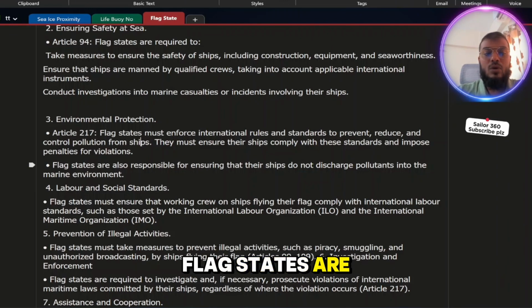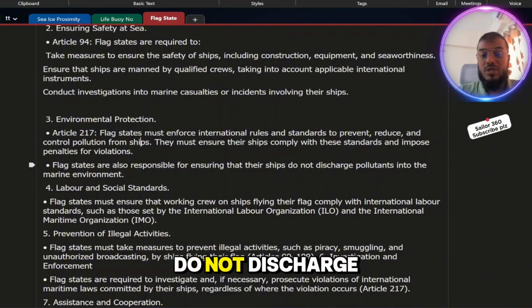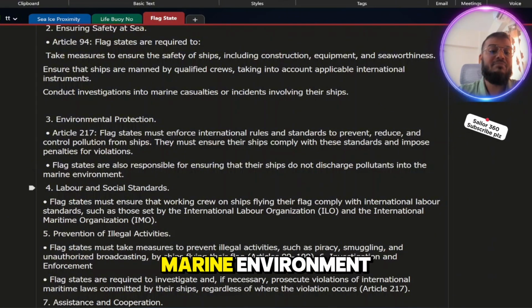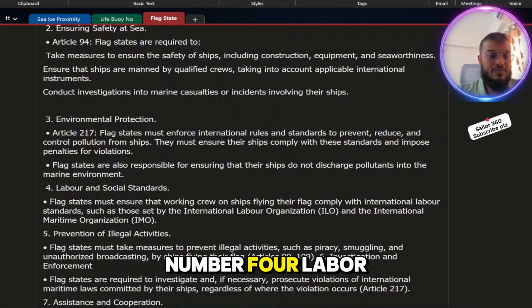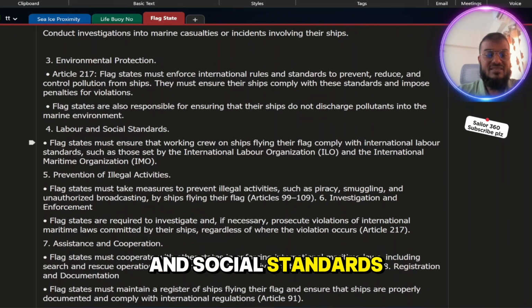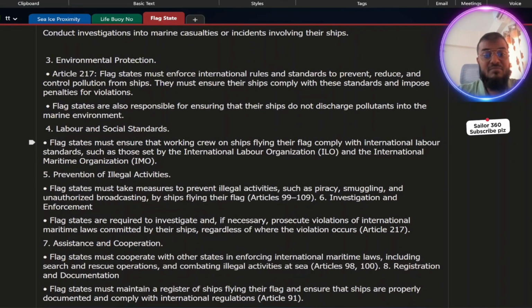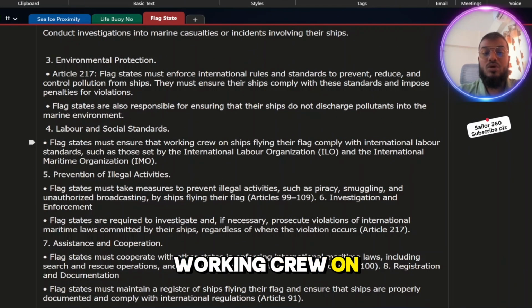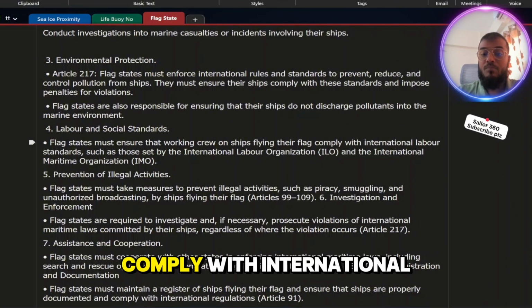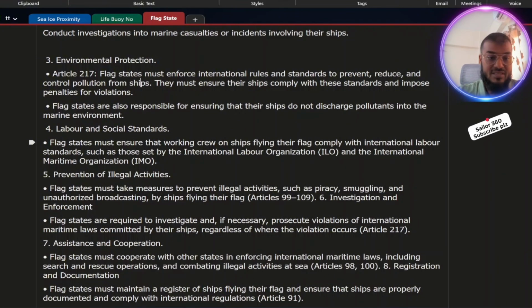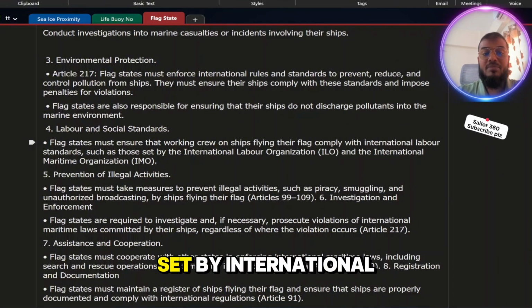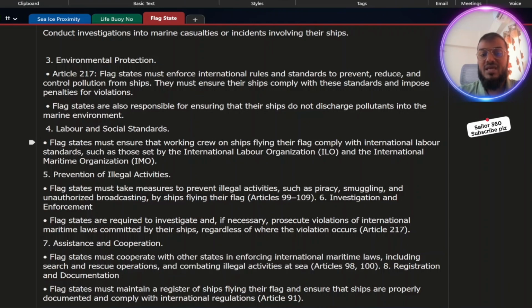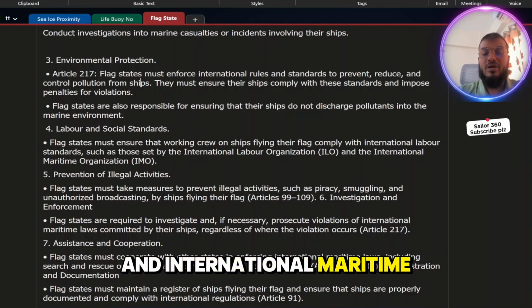Flag states are also responsible for ensuring that their ships do not discharge pollutants into the marine environment. Number 4, labor and social standards. Flag states must ensure that working crew on ships flying their flag comply with international labor standards, such as those set by the International Labour Organization and International Maritime Organization.